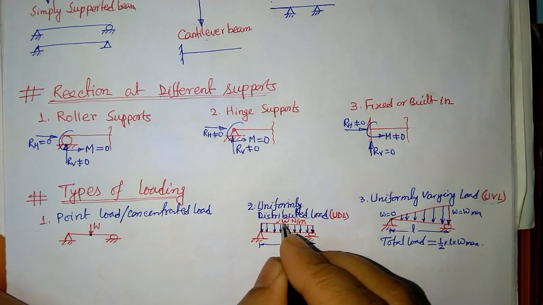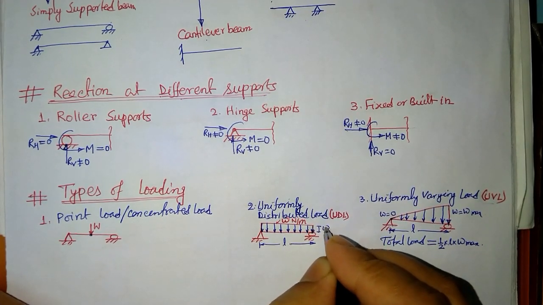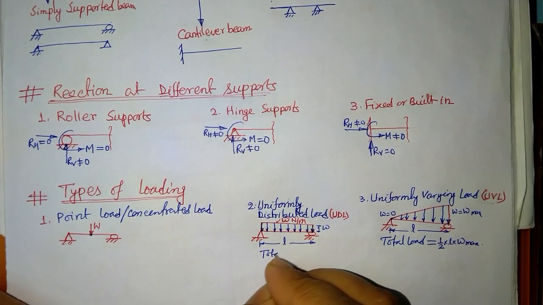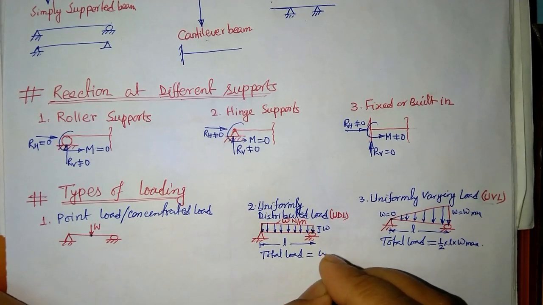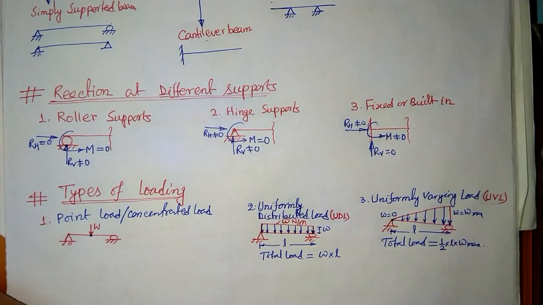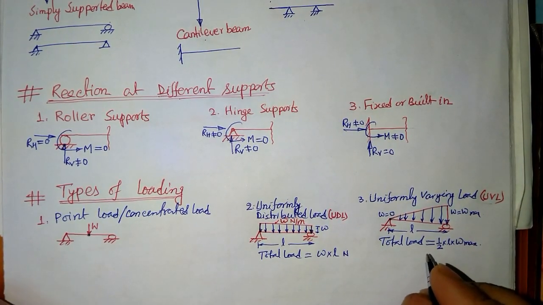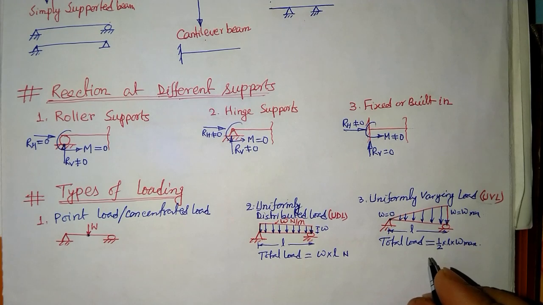The height is W and this is the length, so the total load is equal to W into L. This is in Newton unit. So these are the different types of loading we'll see in beams.